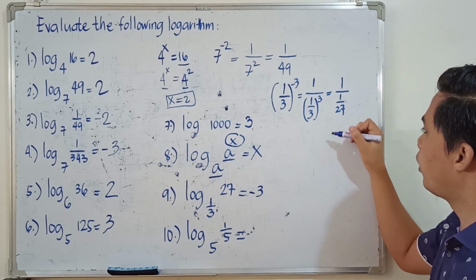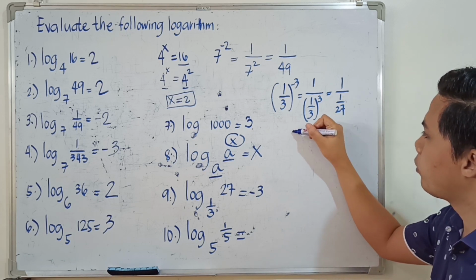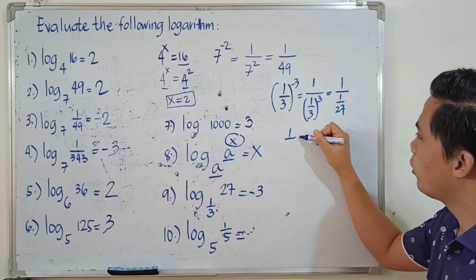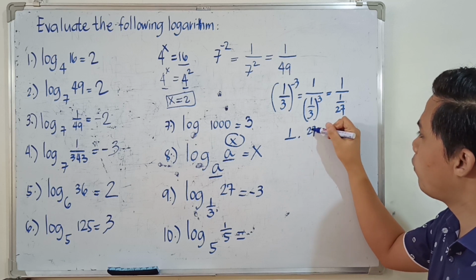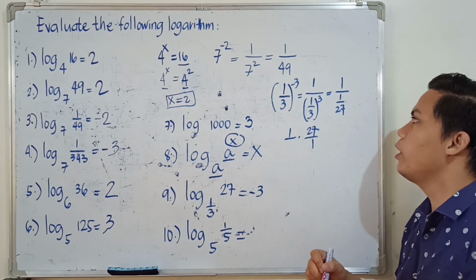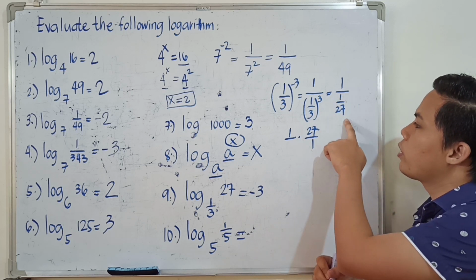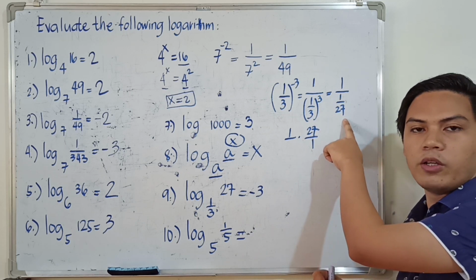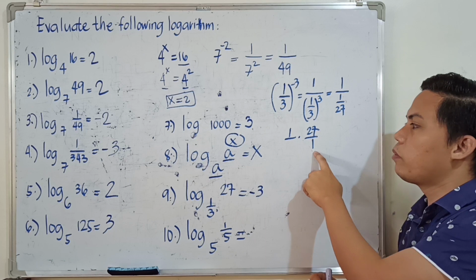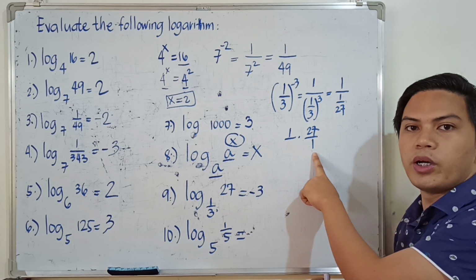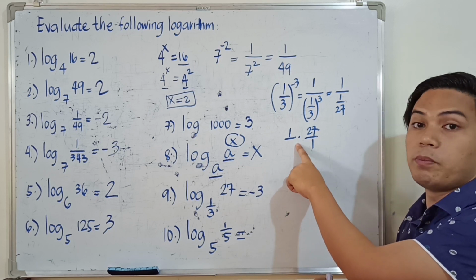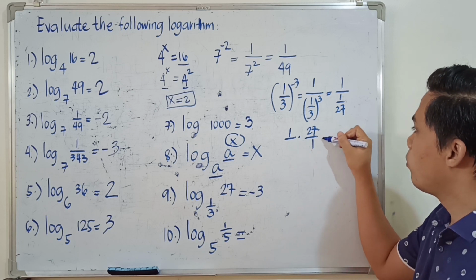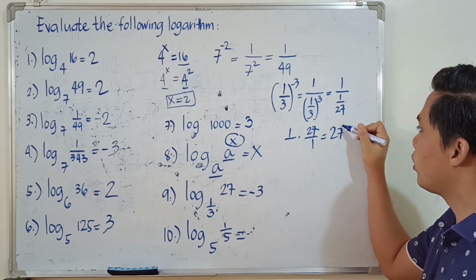And you can multiply this one, ito na lang sa baba, 1 times 27 over 1. So 1 divided by 1 over 27, we are going to get the reciprocal of 1 over 27. So that becomes 27 over 1. Then we're going to proceed with multiplication. So simply multiply them, then the answer is 27.